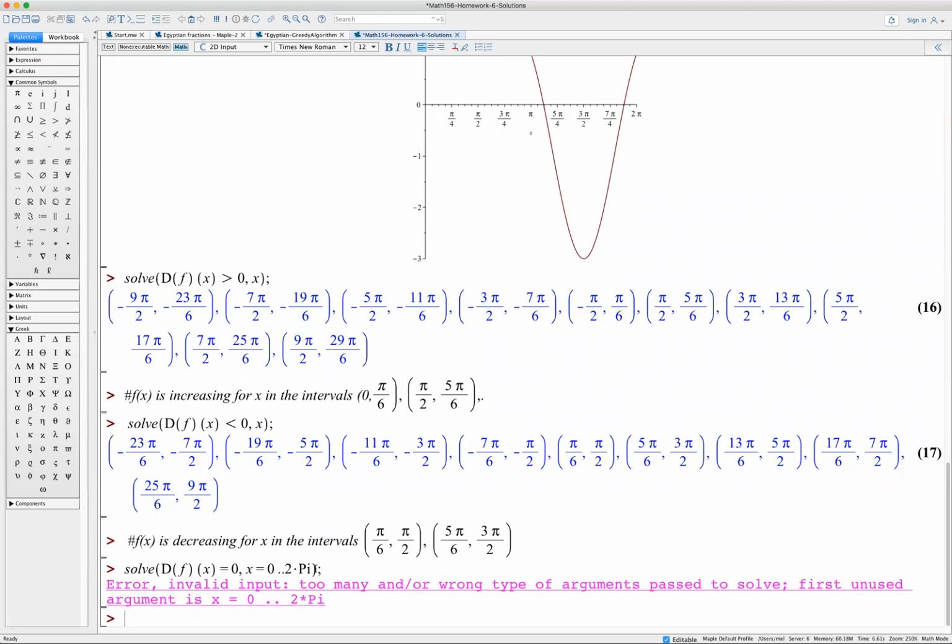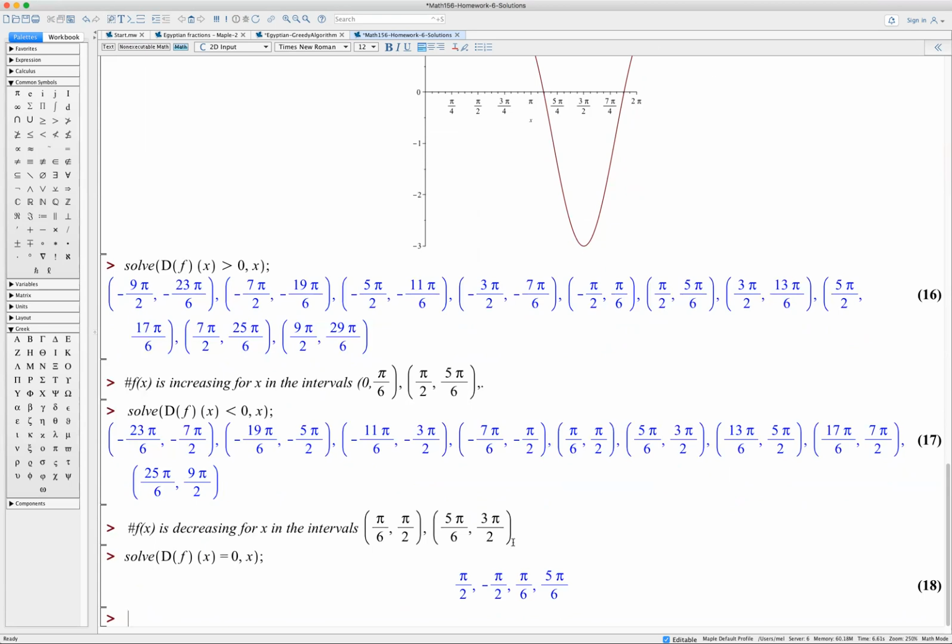Huh, it just doesn't like that. I don't know why. Solve, derivative equals 0.